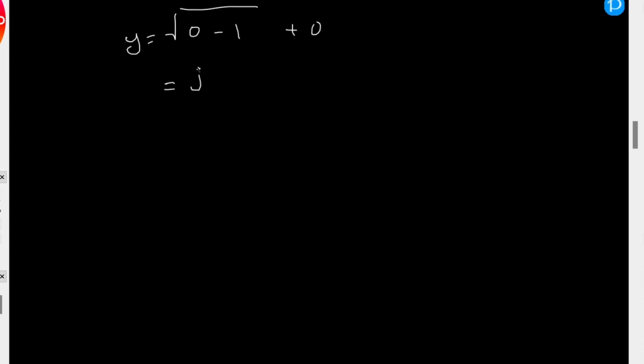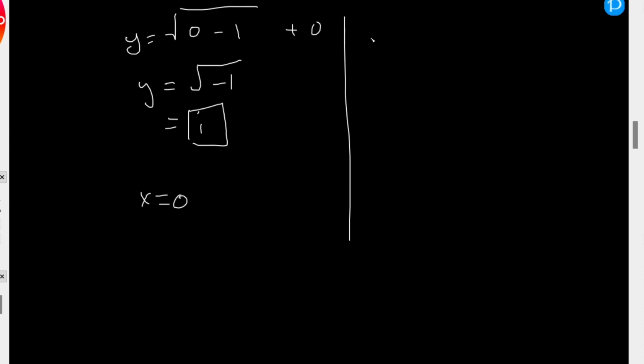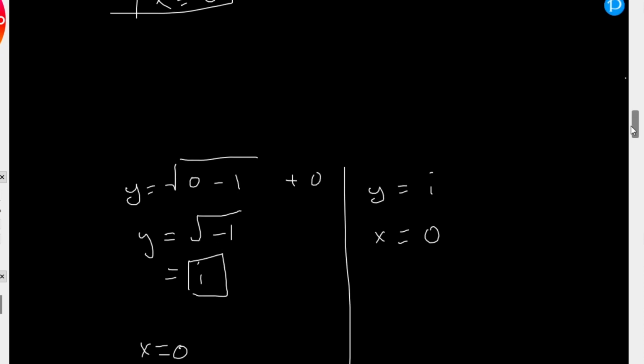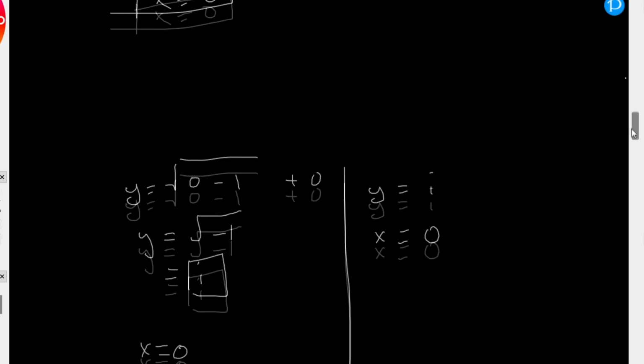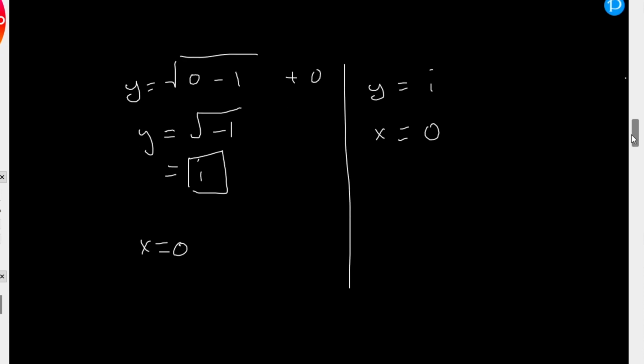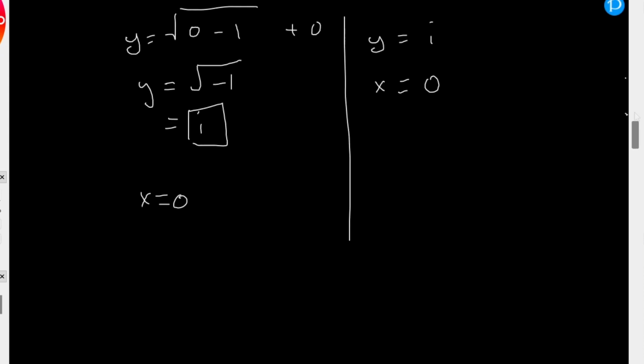And here we have our solution. y is equal to the square root of minus 1, which is just i, and x is equal to 0. So y equals i and x equals 0, at which point this Diophantine equation is equal to 0.